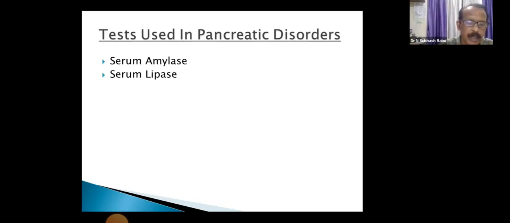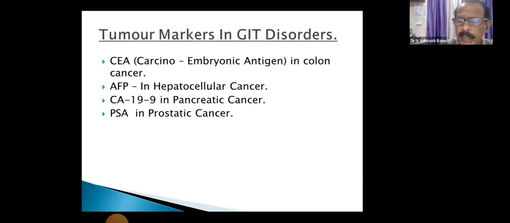Because we have to rule out other differentials like malignancy of the pancreas, and so many other things we have to keep in differential diagnosis, so that you have to read. And the most important thing in GIT disorder is cancer markers or tumor markers.